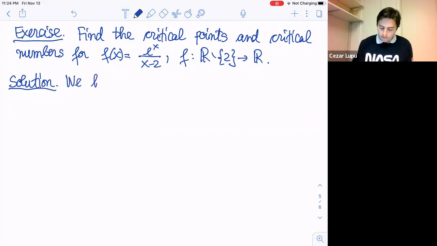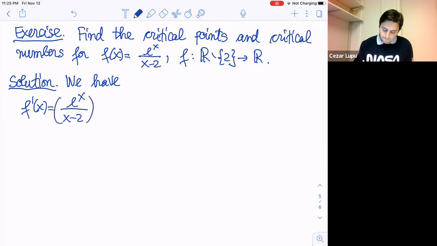So we have that the derivative f prime of x is, well, as you can see, f of x is the quotient of two functions. So here we will apply the quotient rule.